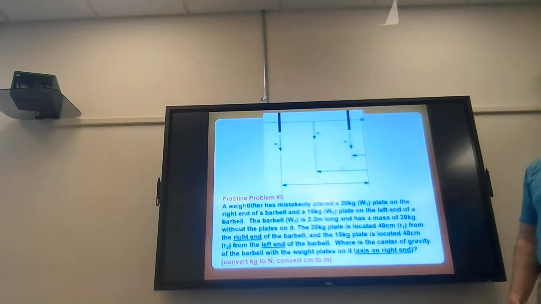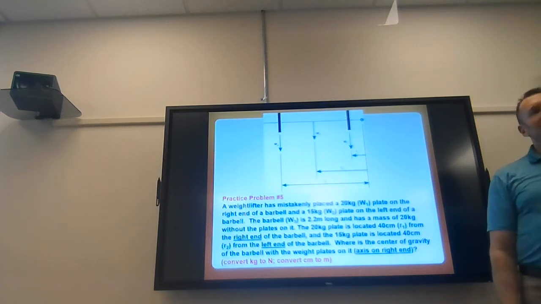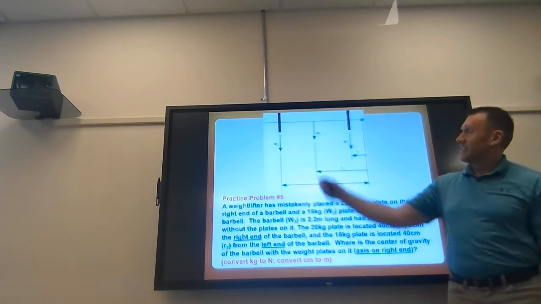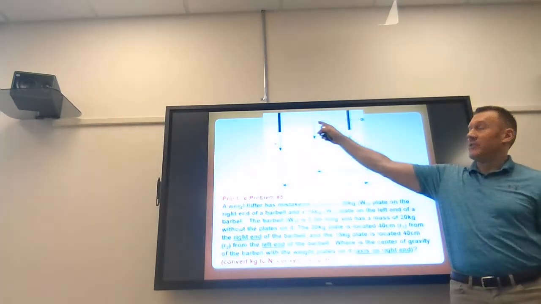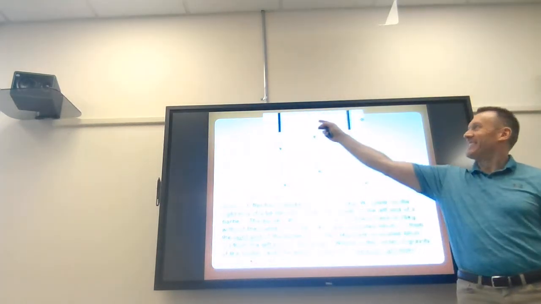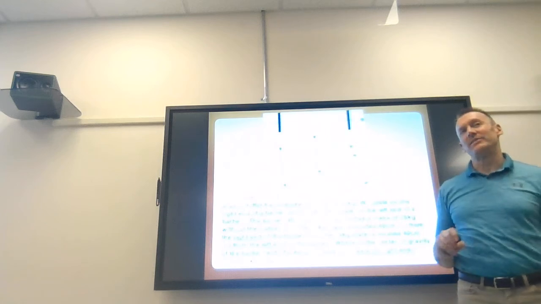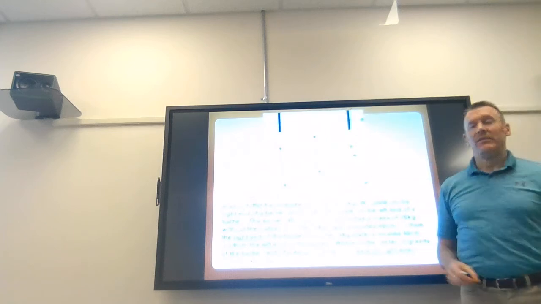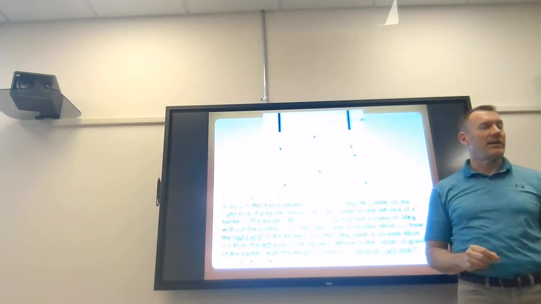So just looking at this, is the center of gravity of the barbell going to shift to the right or shift to the left? Yeah, it's going to shift to the right because you have more weight on that side.